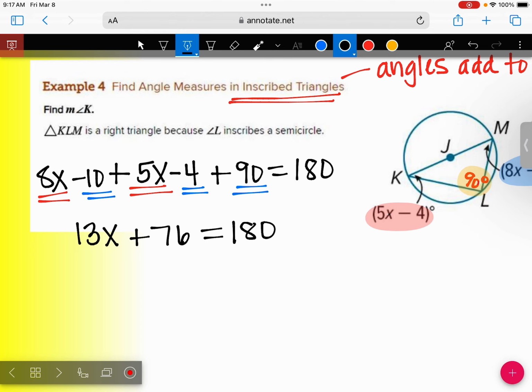All right, now what am I going to do? What's my next step to solve for x? Subtract 76, good. So pick up your calculators. Let's subtract the 76 from both sides.